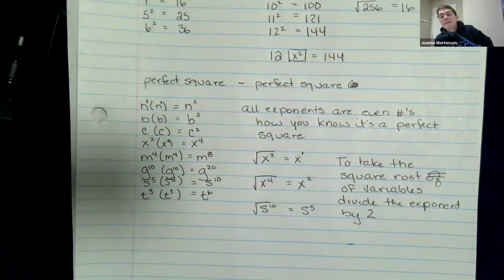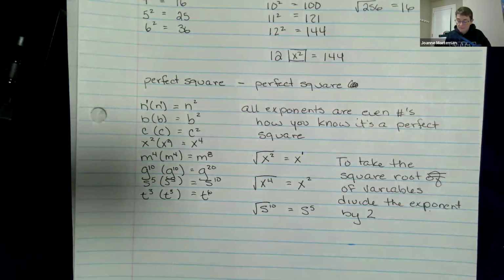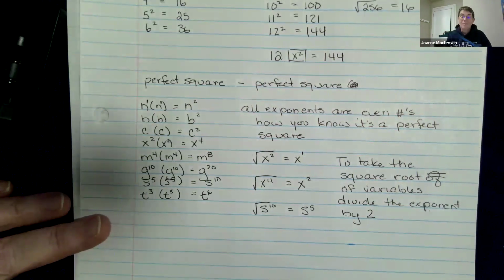If your exponent is an odd number, like s cubed, you can't do it. Something else is going on. That, again, is left for our next video. Now, I'm going to show you why.